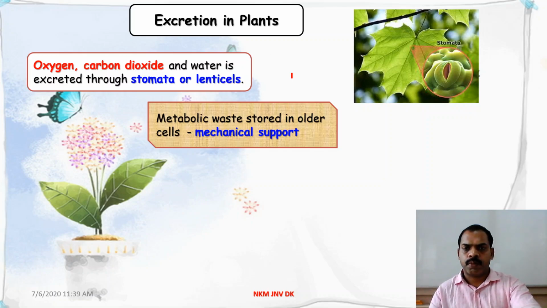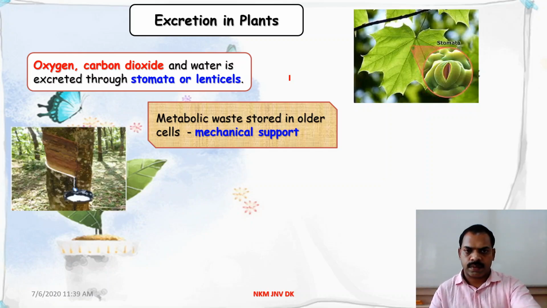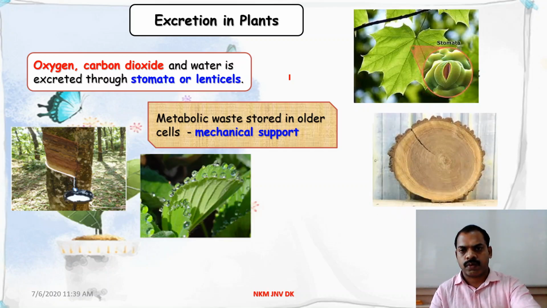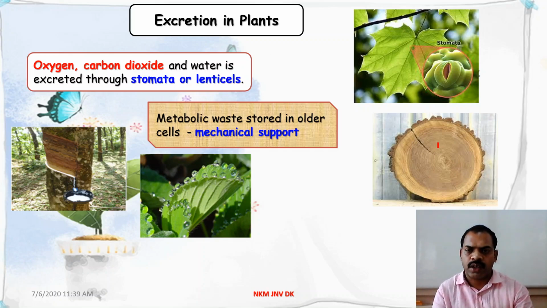Sometimes some material cannot be excreted, so they will store it in the older cells. In the older cells of the plant they will store it, and that gives mechanical support also. See, how does our furniture, the wooden table, become very strong?